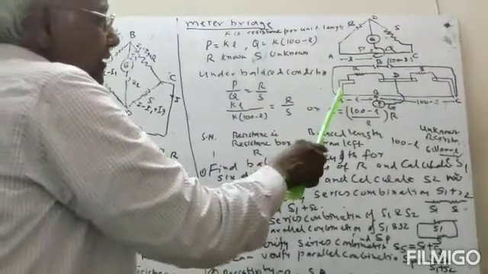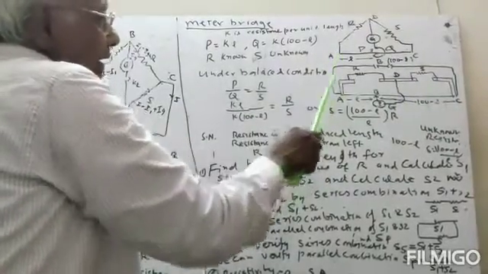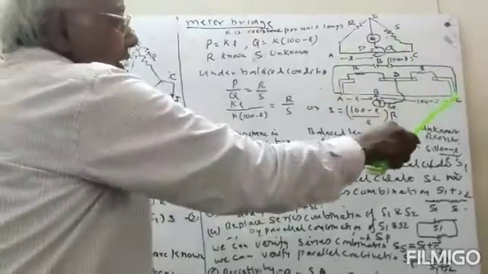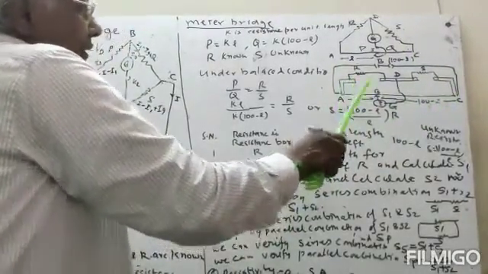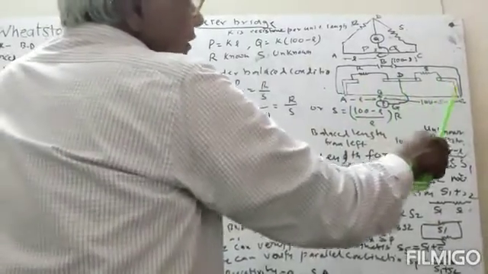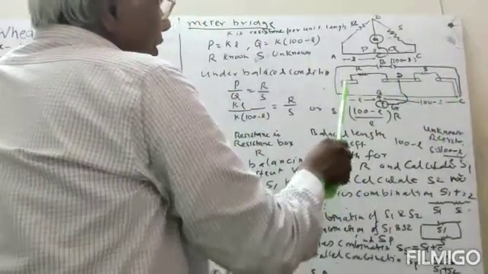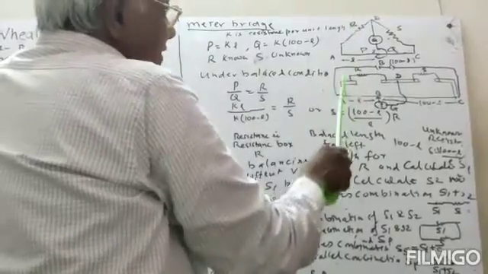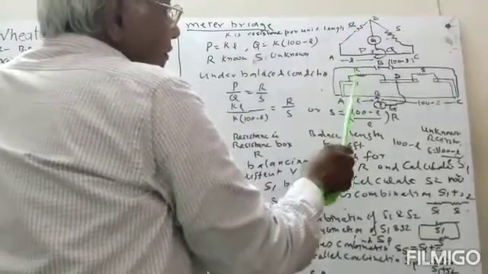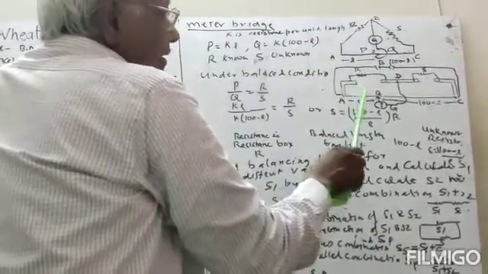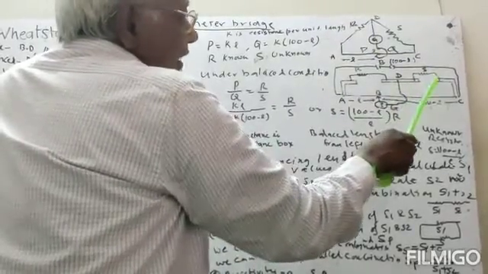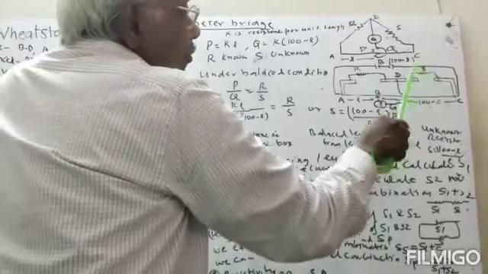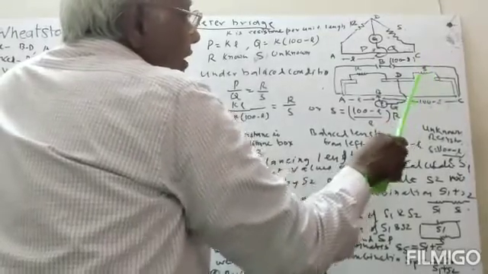Now this is one end, the A end, and this is the other end, and here there are two gaps with metal strips, the central metal strip and another metal strip. So here the resistance R is placed, which is generally a resistance box, a known resistance, and here will be the unknown resistance whose value we have to calculate.